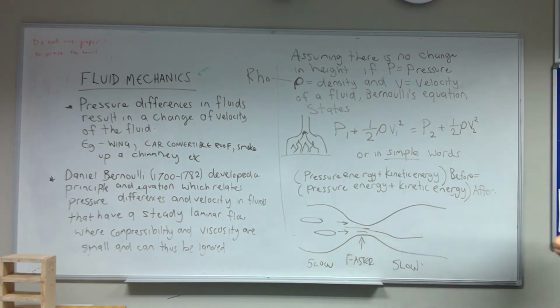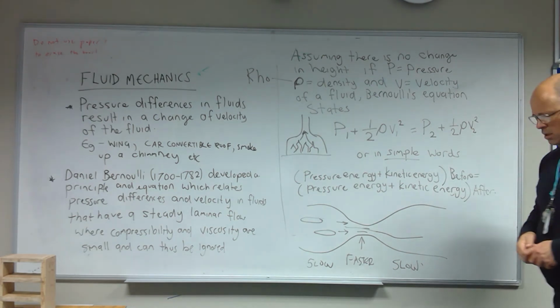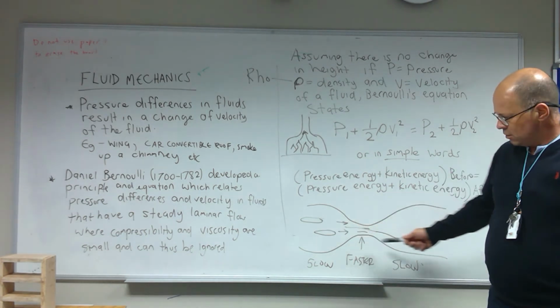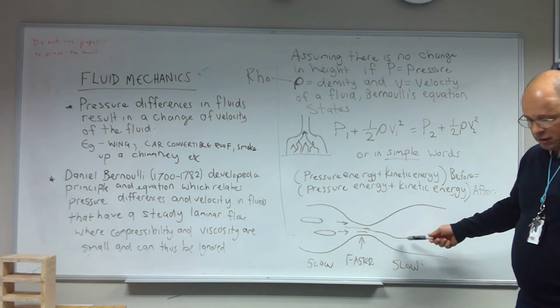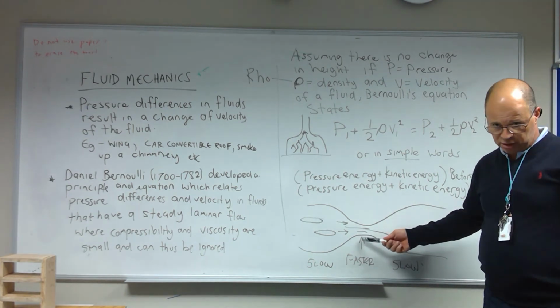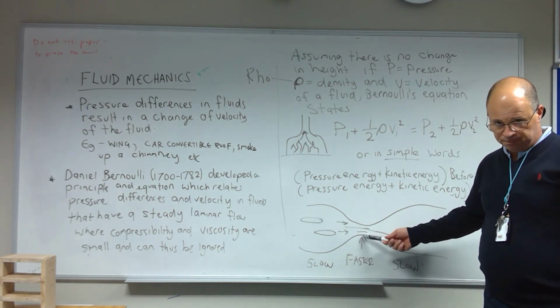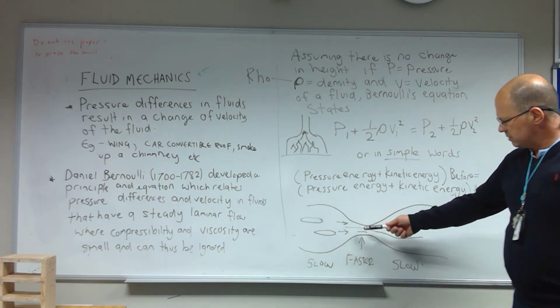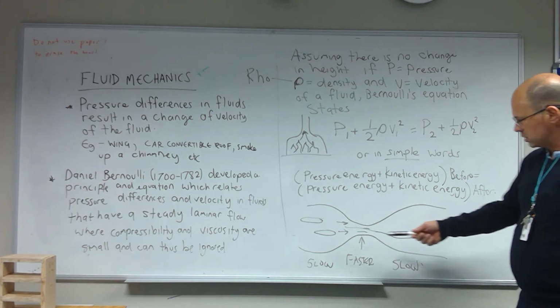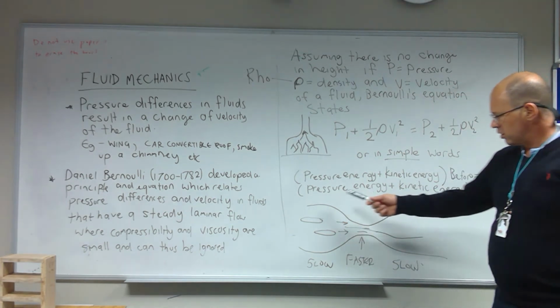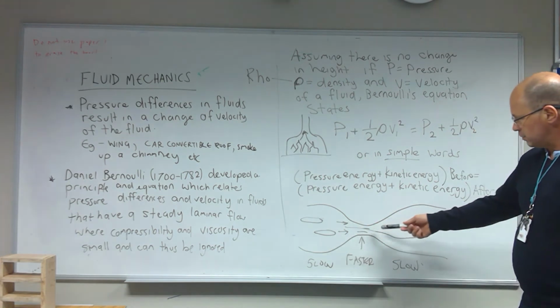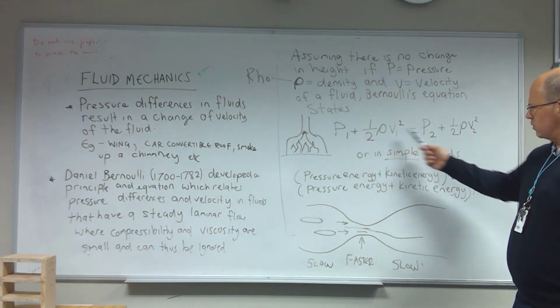This might all sound very complex, but when you were a kid and went to the park and raced leaves on a stream, you probably noticed that as you come to a narrow section, things speed up. This is Bernoulli's principle in action. As it comes out the other side, because you've got a certain volume of fluid flowing and a certain pressure, one side has to balance with the other.